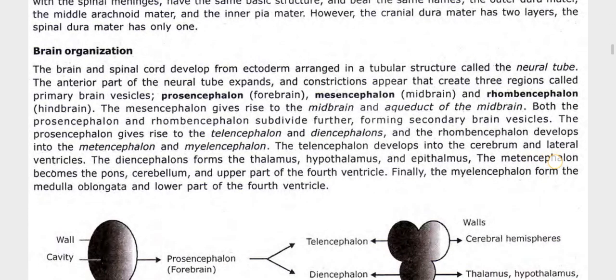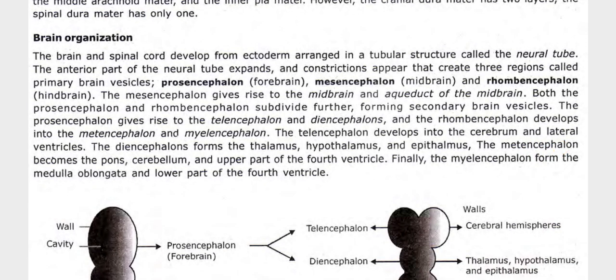Now we are going to learn about brain organization. The brain and spinal cord develop from ectoderm arranged in a tubular structure called the neural tube. The anterior part of the neural tube expands and constricts to create three regions called primary brain vesicles: prosencephalon, forebrain; mesencephalon, midbrain; and rhombencephalon, hindbrain.